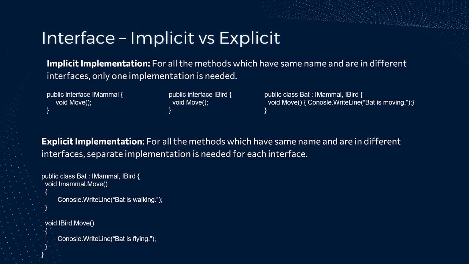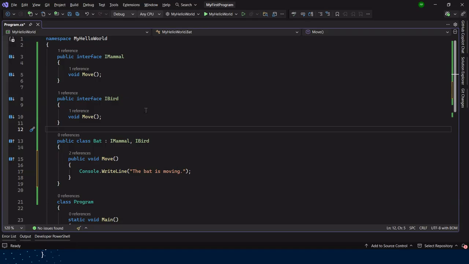So let's quickly jump to Visual Studio and see it in action. I have created a program here, and you can see there are two interfaces, IMammal and IBird, both having the same method signature Move, and there is a class Bat which is implementing IMammal and IBird. This is called implicit implementation, because we have only one method definition here, not both.